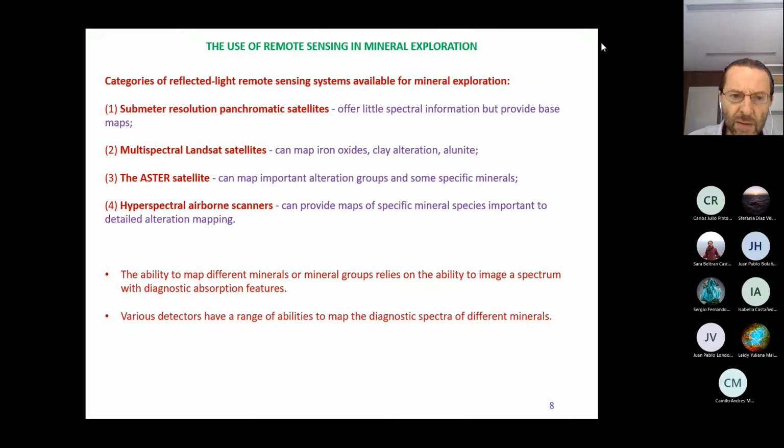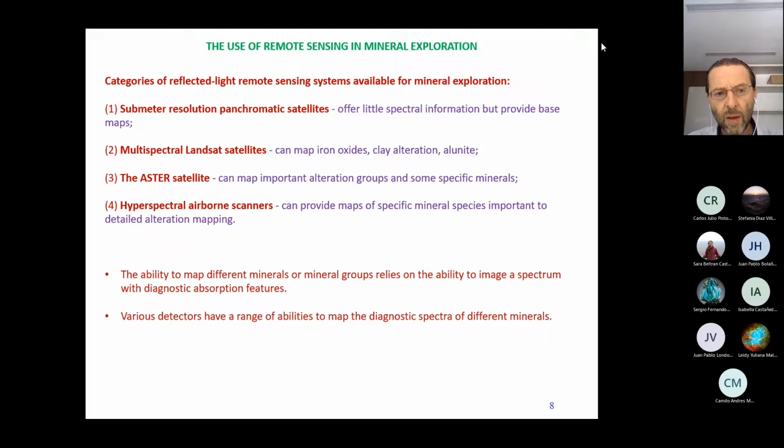Then we have the multispectral, and the Landsat satellites are very good on this. With multispectral, we can focus on, for instance, iron oxides and especially clay alteration. Alunite is a mineral associated with the alteration of certain important deposits, such as epithermal gold deposits.